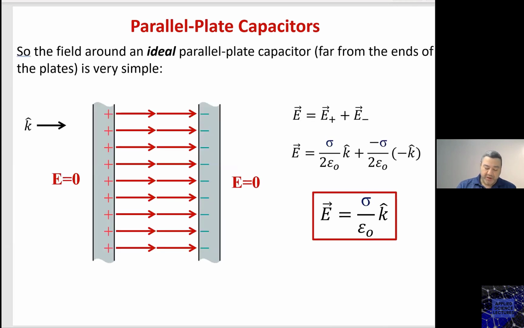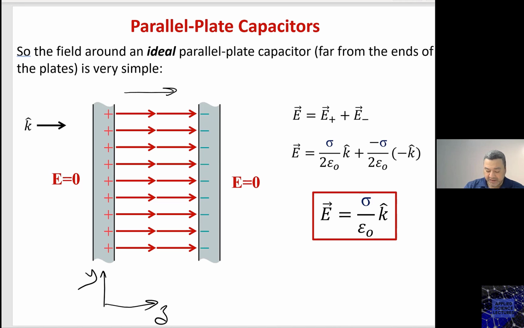So this is what we have just introduced. If I am to introduce the electric field as a vector, it will always be pointing in the direction from the positive charge toward the negative charge. So if I have my coordinates this way, let's assume that this is z, this is y.